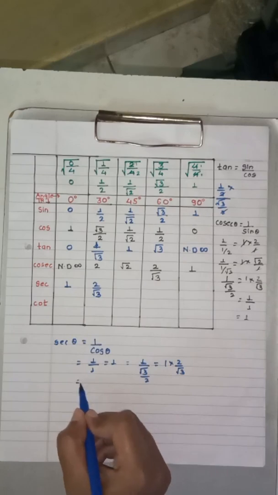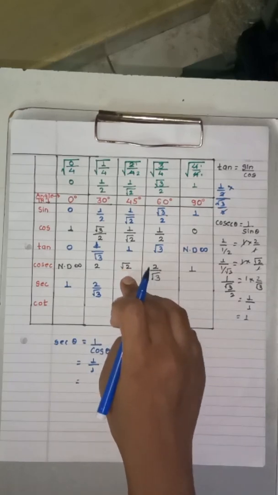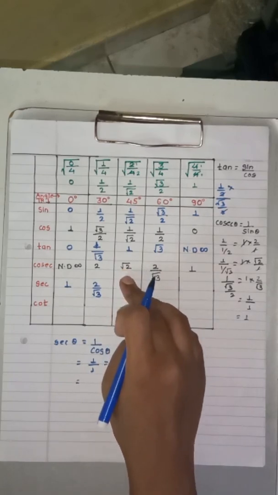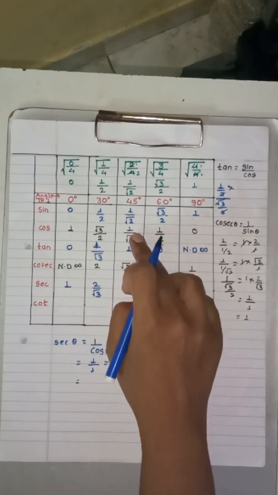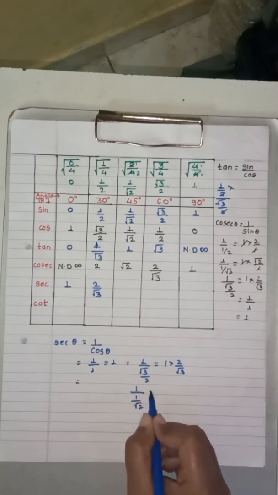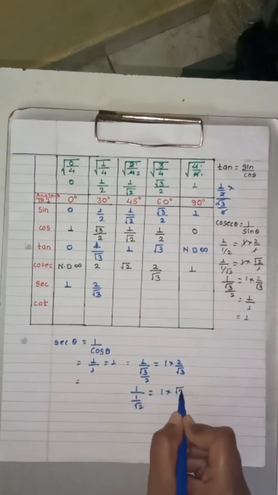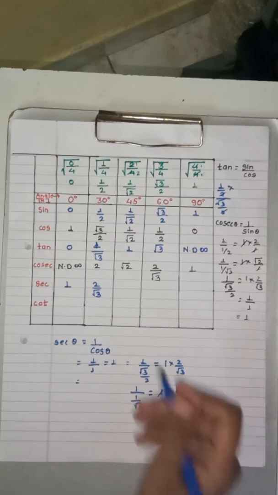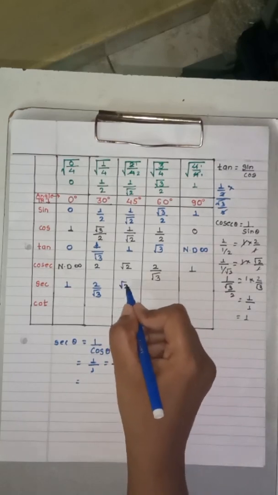After that, sec 45 is 1 upon cos 45. The value of cos 45 is 1 upon root 2, so 1 upon 1 upon root 2 is equal to 1 into root 2 upon 1, the 1s get cancelled and it will be root 2.